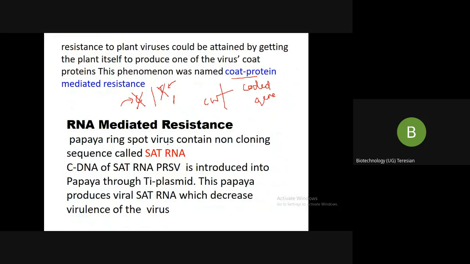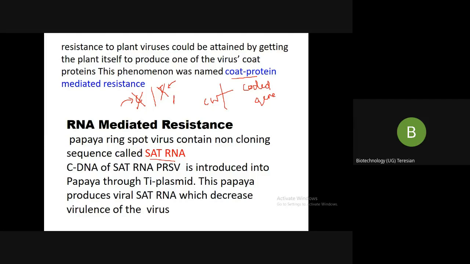The papaya ring spot virus contains a non-coding sequence called sat-RNA. The cDNA of the sat-RNA of PRSV, PRSV meaning papaya ring spot virus, is introduced into the papaya through the Ti plasmid.